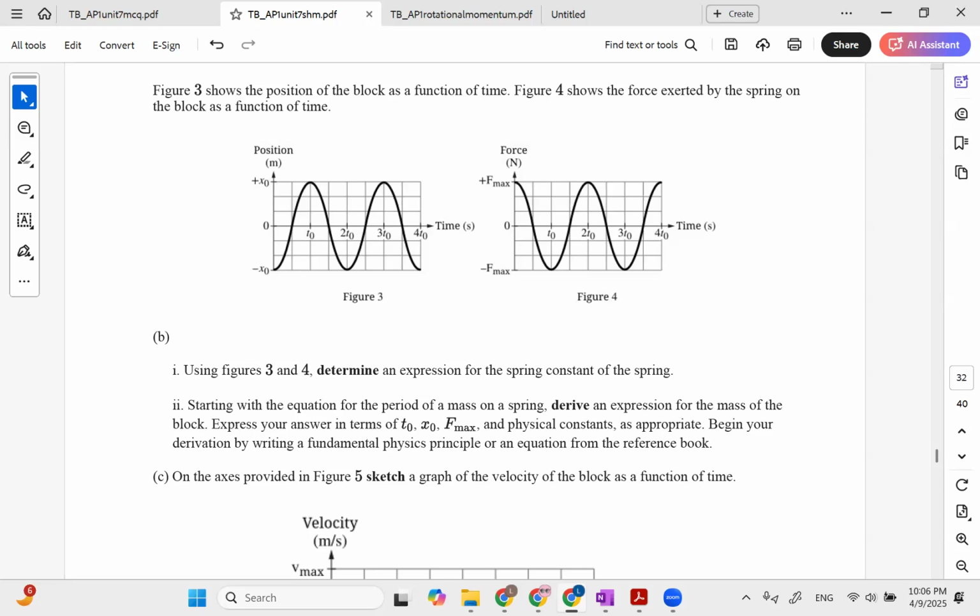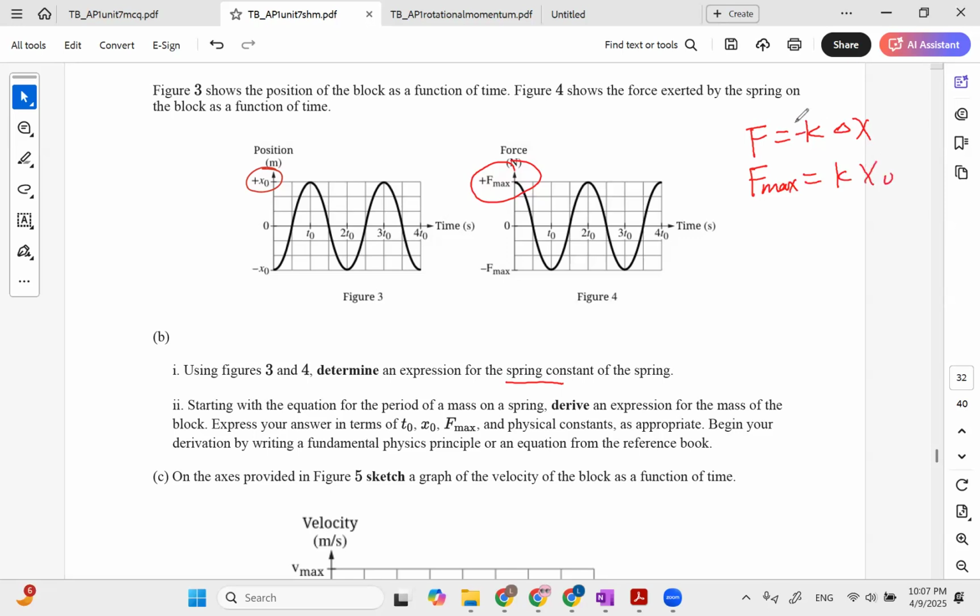So what do you think? Force over distance. Yeah, because you are given maximum amplitude here, and then you are given maximum force, right? So you can use F equals k delta x. Then F max will be equal to k x0, right?